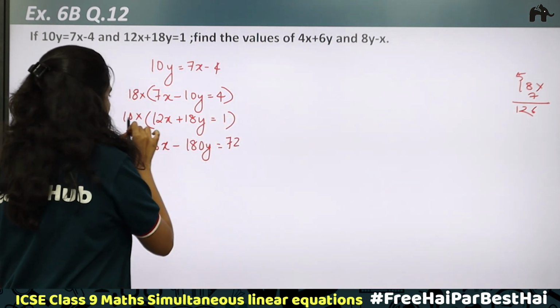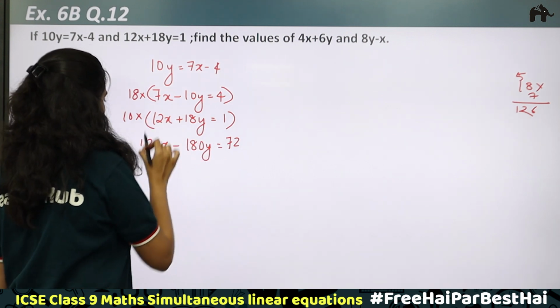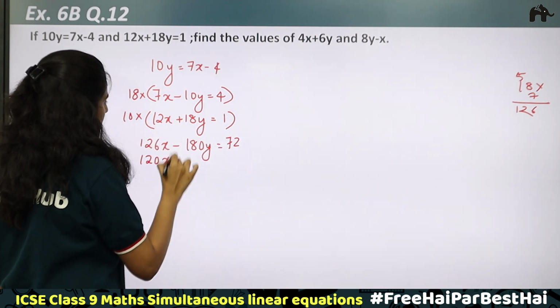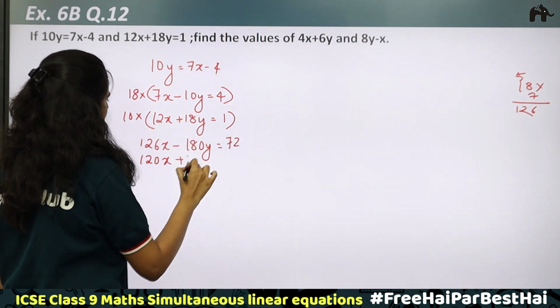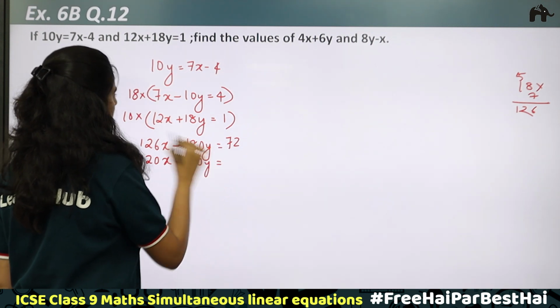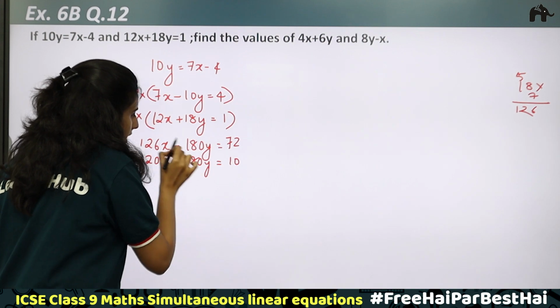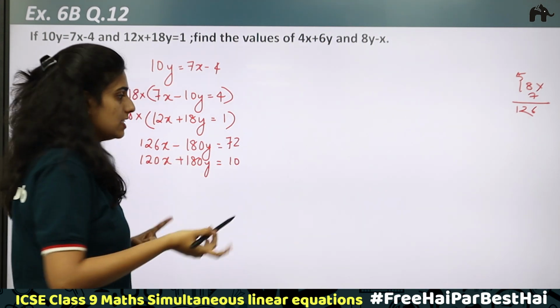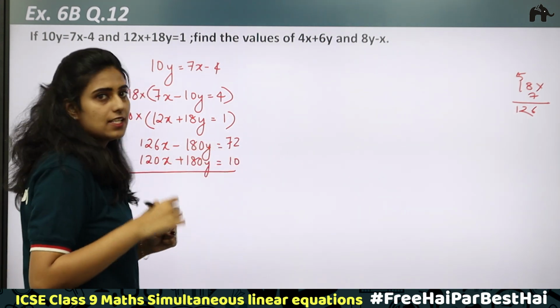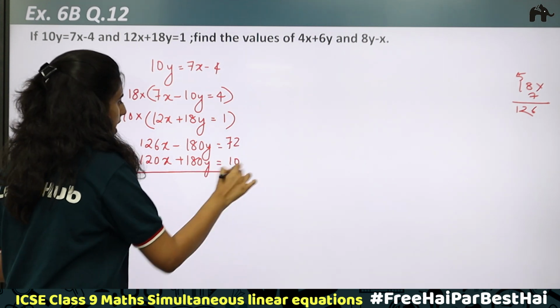Now multiplying throughout with 10, you will be getting 120x plus 180y is equal to 10 into 1, 10. Here you can see this is negative and this is positive, opposite sign. So we are going to add the first and second equations. On adding, what do we get?